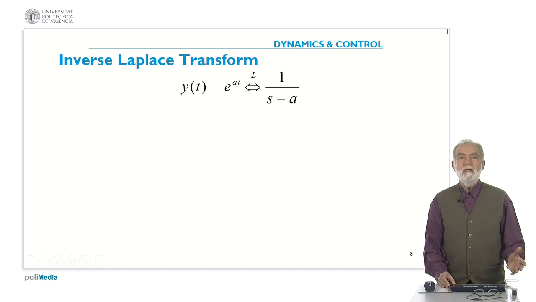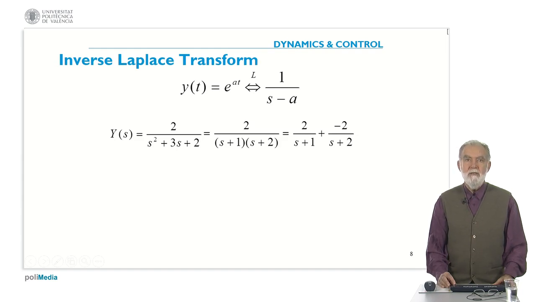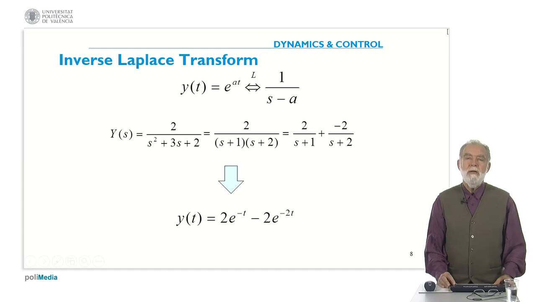What about the inverse? If we have a signal y of t and its Laplace transform is 1 over s minus a, then in the general case, when you have a Laplace transform of a signal like this one, you can decompose in partial fractions, just separating by each one of the denominators, and then apply the Laplace transform, which is a linear operator, to the sum of these partial fractions.